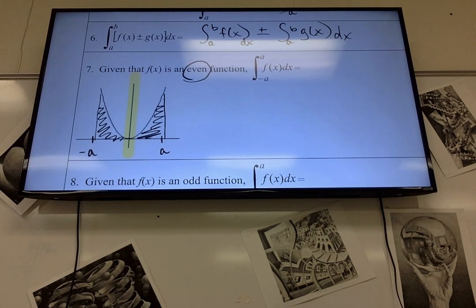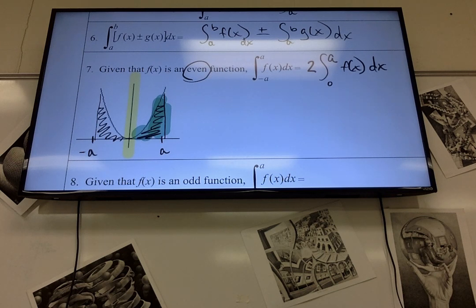So this would be the same as 2 times the integral from 0 to a of f of x dx, which just means I could take double of this side and get the same thing.